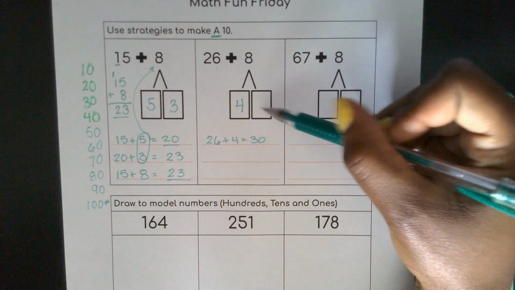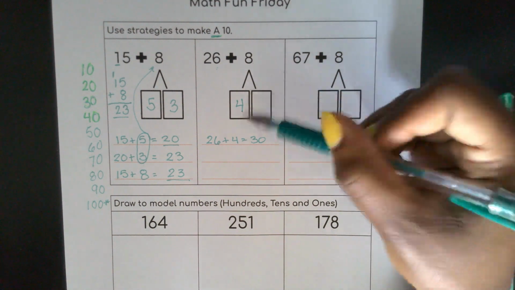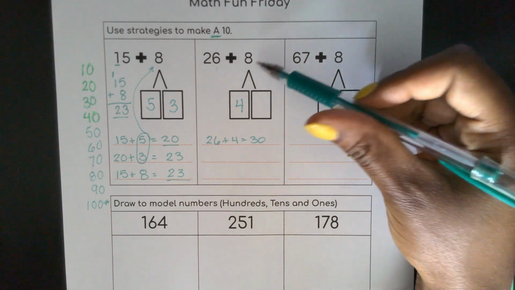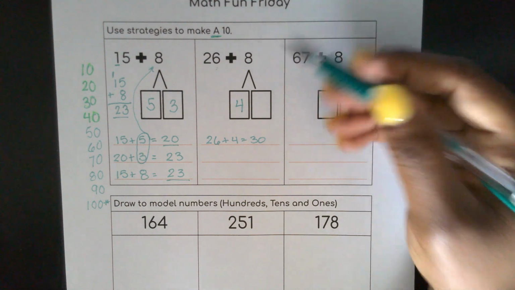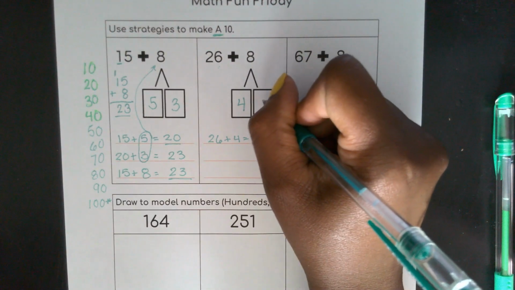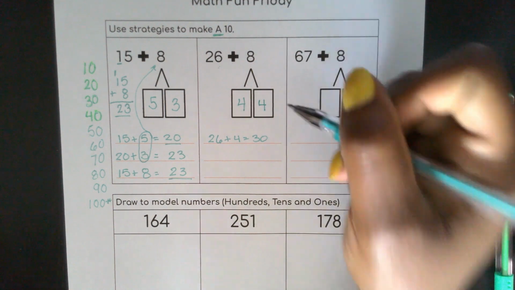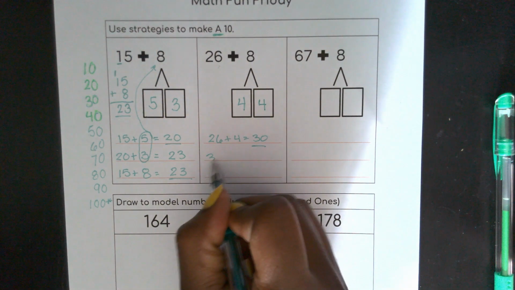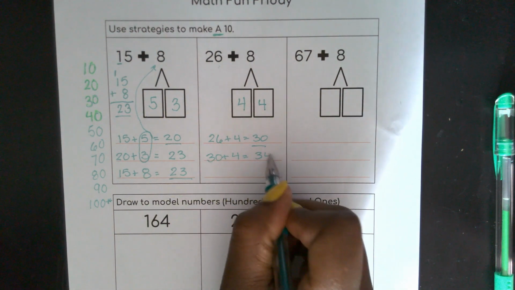Now, how much more do I need to give me 8? 4 plus what will give me 8? Well, if you know your doubles, then you know that 4 plus 4 will give you 8. So down here, I'm going to take this 10, 30 plus 4, that equals 34.